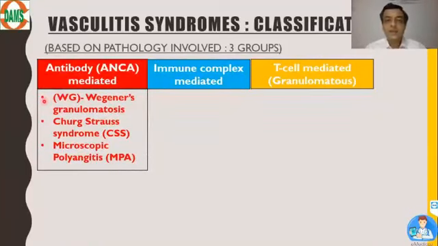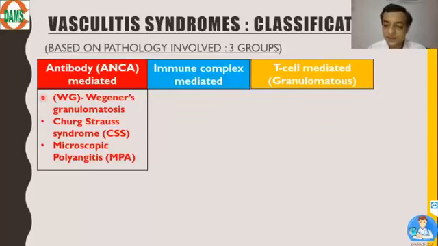Under ANCA mediated vasculitis, there are 3 syndromes. This is the first slide for today: classification of vasculitis syndrome based on pathology involved. We have divided them into 3 groups. Under antibody mediated, number 1 is Wegener's granulomatosis.